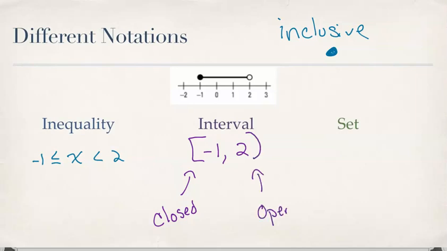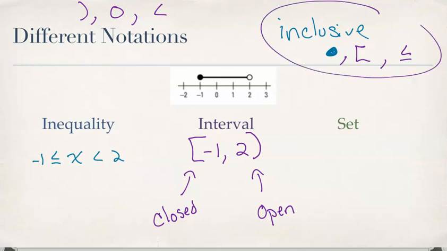This means open. So the closed bracket goes with the closed dot, and that means inclusive. And the open parenthesis goes with the open dot, and that means not inclusive. And the symbol that would go with this is the less than, and the symbol that would go with this is the less than or equal to. These three things represent an inclusive endpoint, or a way to include the number that you're listing.